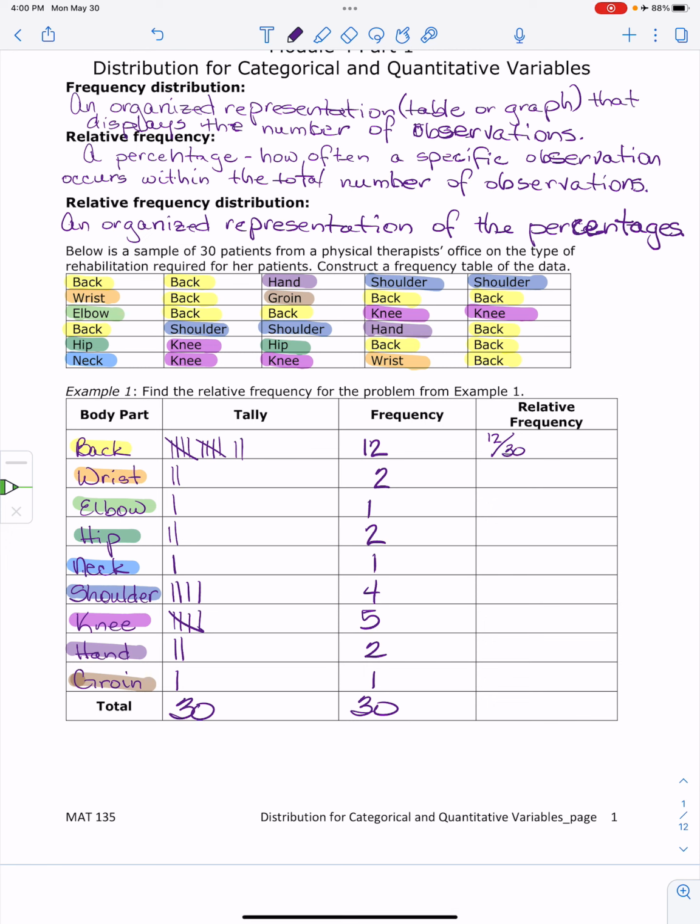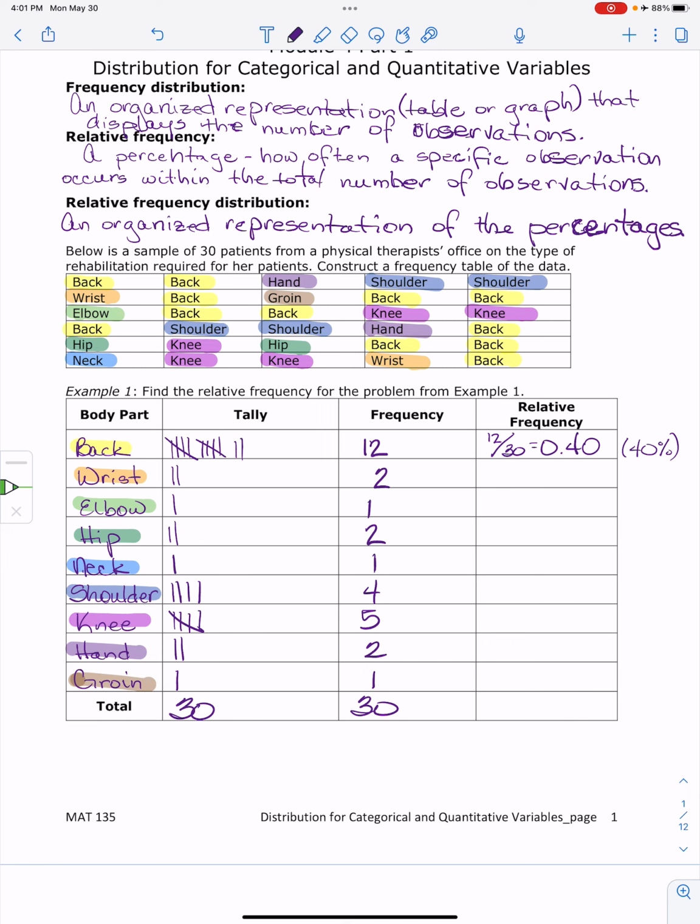And so when we talk about relative frequencies, we want that percentage. So I'm going to go ahead and divide 12 by 30, which is going to give me the decimal 0.4. I can put 1 more place after it, 0.40, and the decimal tells me my percentage, so that 0.40 is 40%.